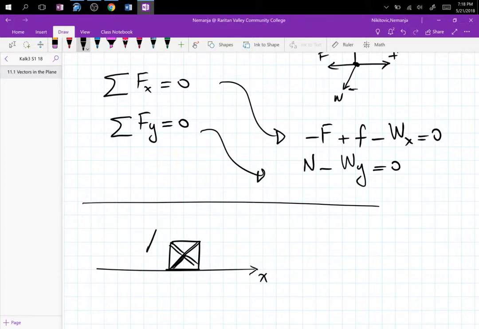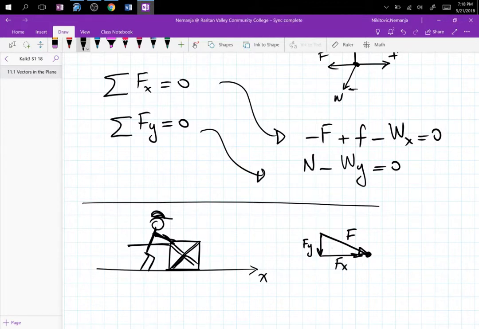Let's say you are taller than the crate and you are pushing this thing. Observe that there is the angle at which you are attacking this crate. If you are attacking the crate at an angle like this, note that it decomposes to a push down and a push forward. So if this is the force with which you are pushing, there is a force Y and a force X.